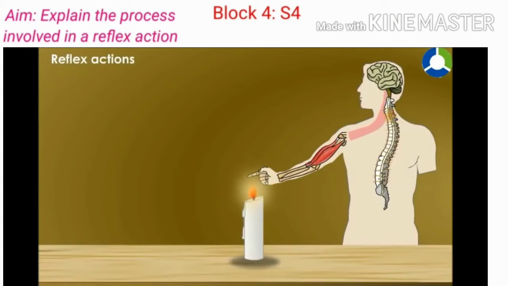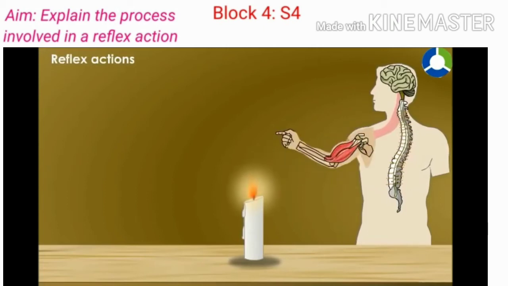The message is processed and the response is generated in the spinal cord itself. Then, this response travels down through a motor nerve to the muscles of the arm. The muscles of the arm receive the response and his arm muscles contract, lifting the person's finger away from the hot object.